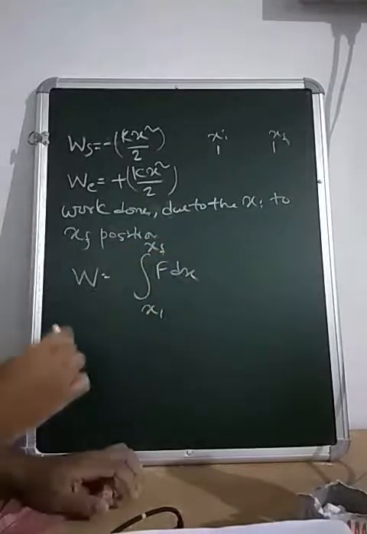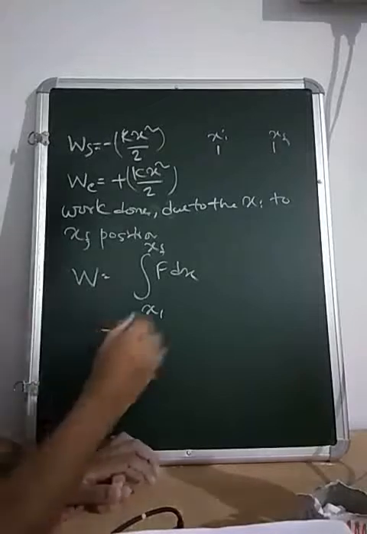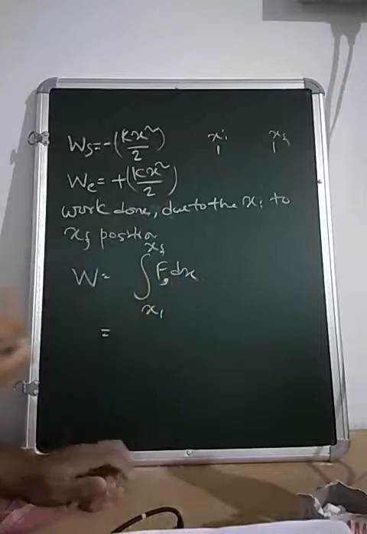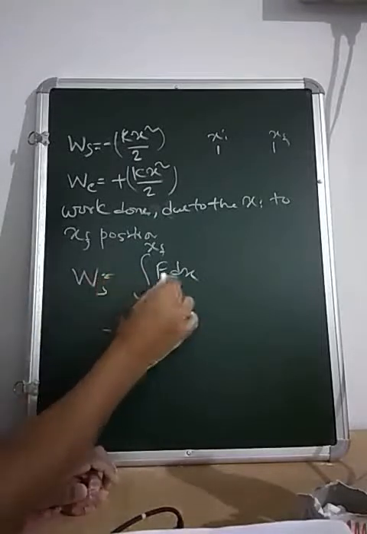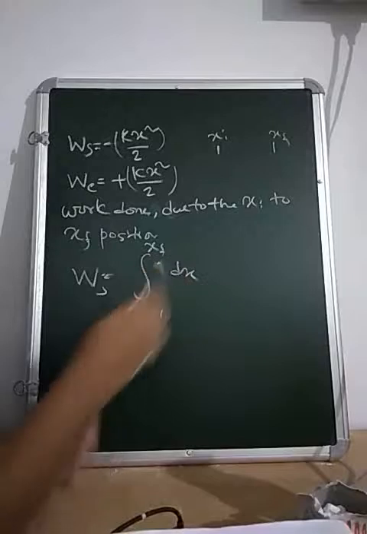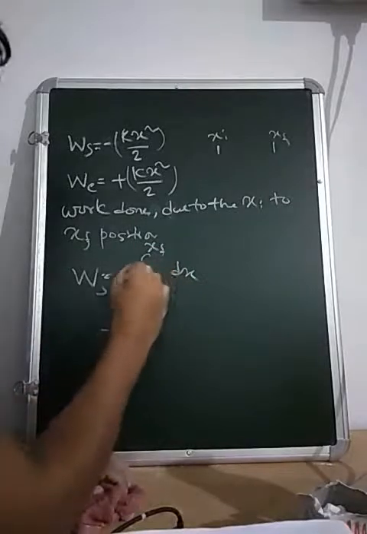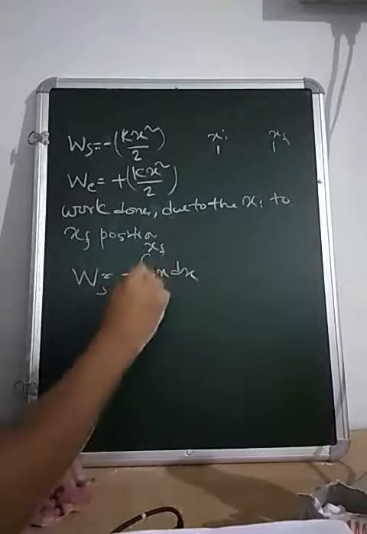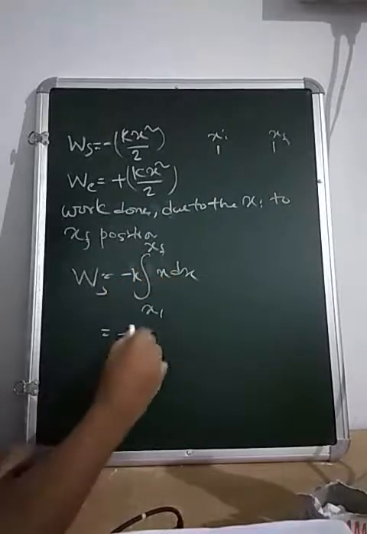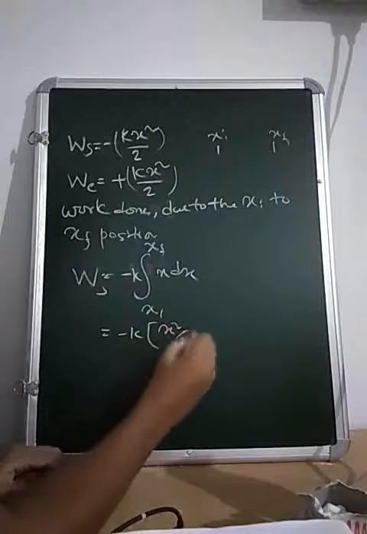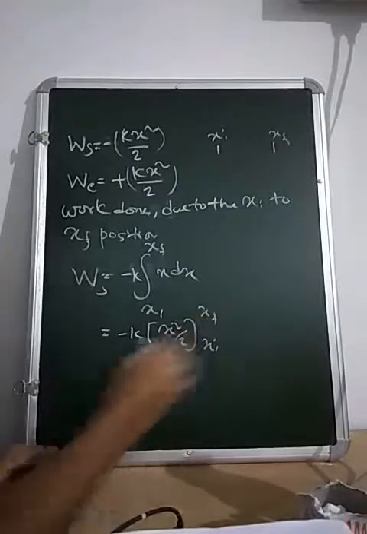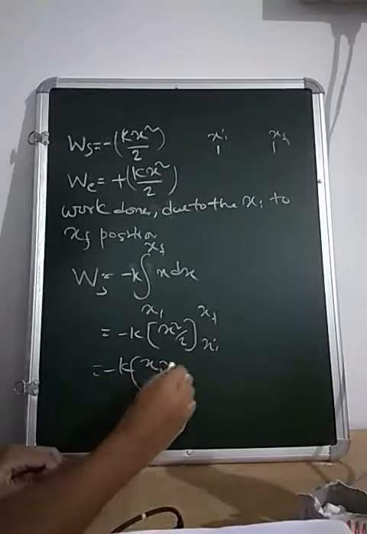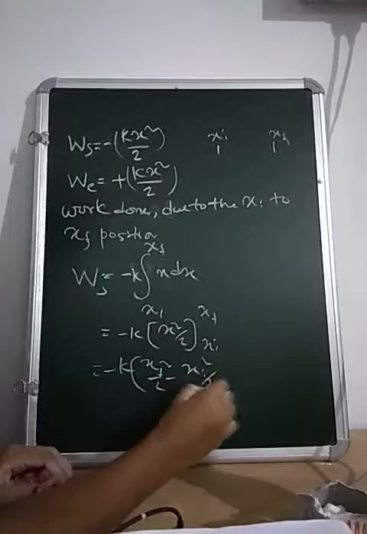This is the spring force, the work done by the spring. If we put the value of F, it will be minus k into x. We can take the k outside. If we solve this, what do we get? It will be x square by 2 from xi to xf. So minus k into xf square by 2 minus xi square by 2.